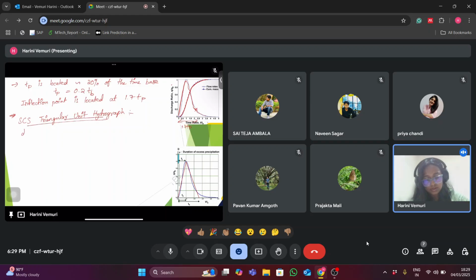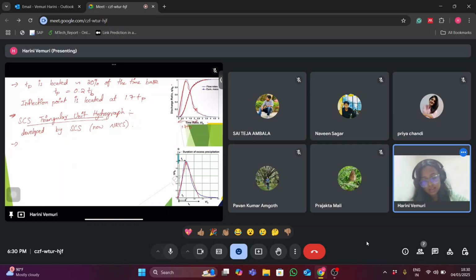This was also developed by SCS, the Soil Conservation Service, which is now called NRCS. What SCS suggested is that instead of going for a curvilinear hydrograph, why can't we go with a triangular hydrograph? In the figure, we generally draw a curvilinear unit hydrograph, but instead here you can see it's a triangular unit hydrograph.